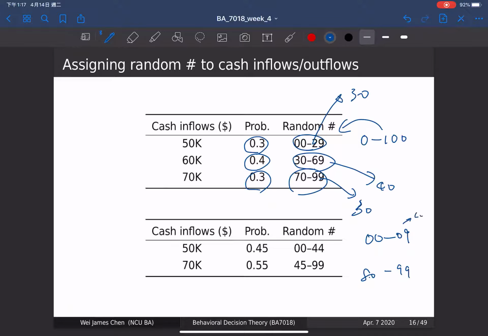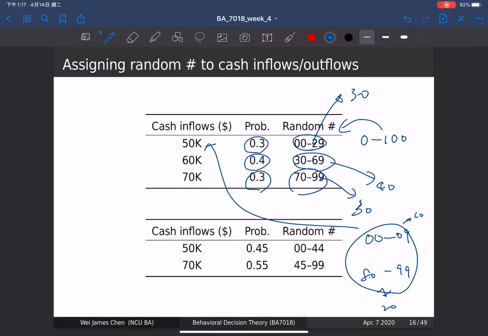This is 10 and this is 20. Right, so these numbers are 50. And you also assign some other range of numbers to 60K and 70K. That also works. So it doesn't matter, it doesn't have to be arranged exactly this way.